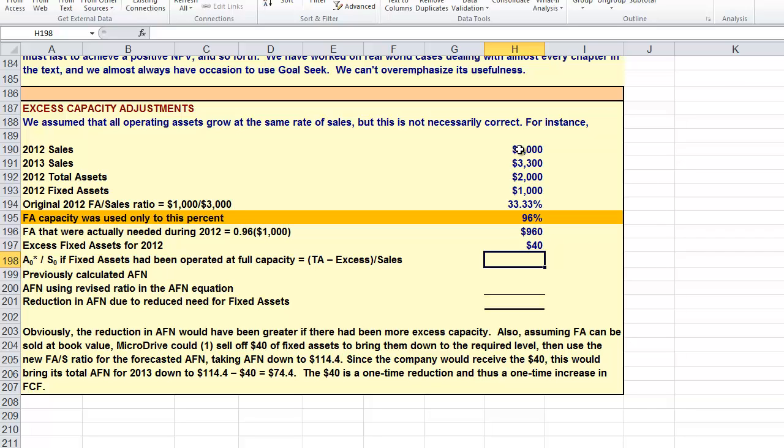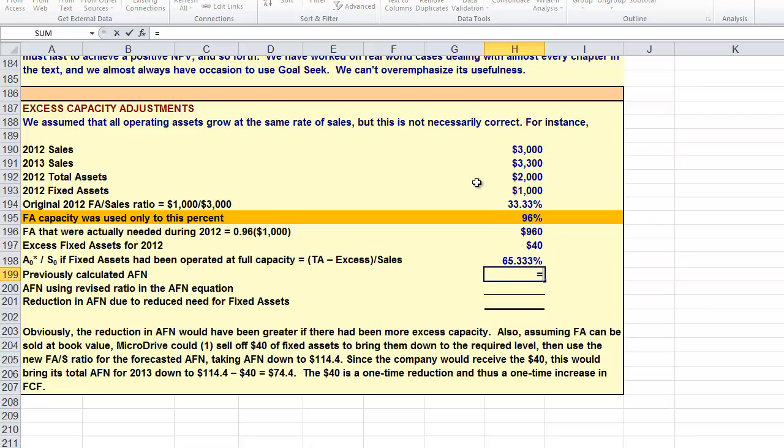So the operating assets divided by sales, if fixed assets had been operated at full capacity, would have been equal to total assets minus the excess. I want to put parentheses around that, divided by our sales for the year, or 65.33%.